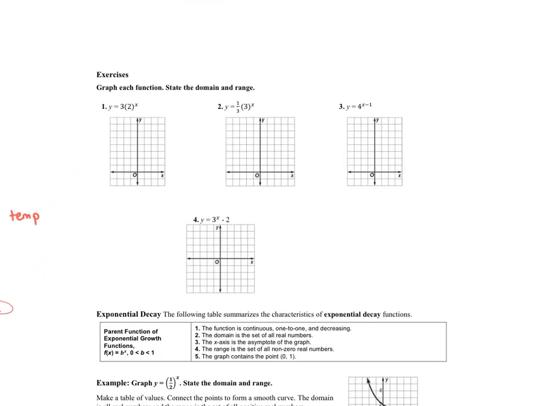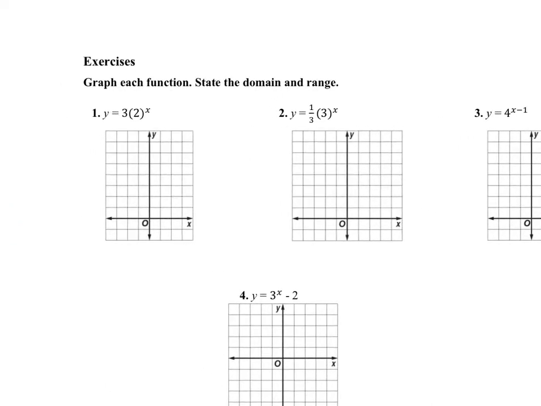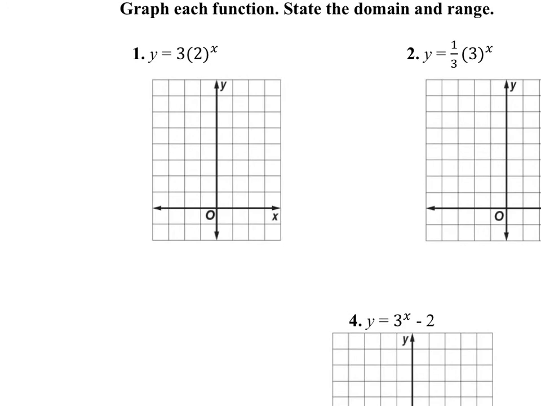Let's graph some examples. We're going to graph each function and then state the domain and range. So on these, you can simply make a table. I'll toss in some negative values and some positive values, and then you find them by evaluating.